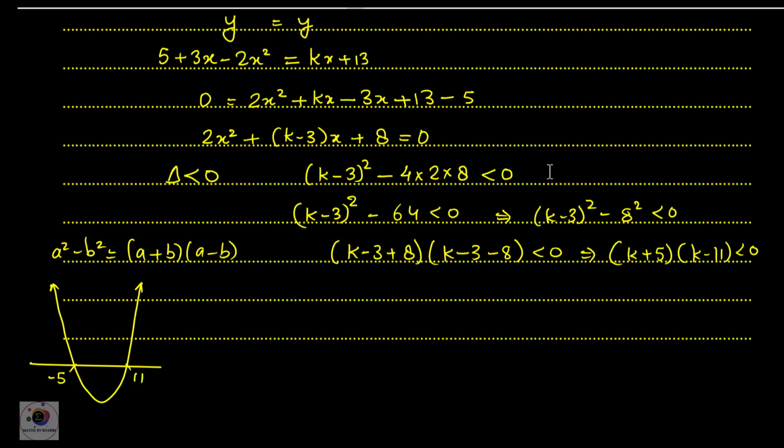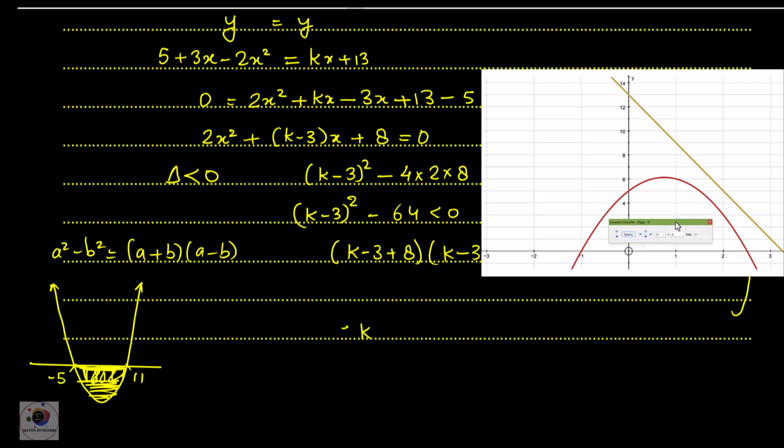Since we need the values of k for which this is less than 0, we can see that for this region the curve is below the x-axis, technically less than 0. So k has to be more than negative 5 and less than positive 11.